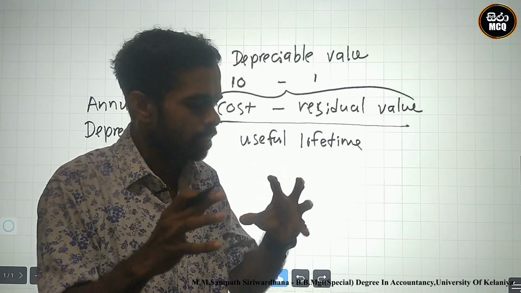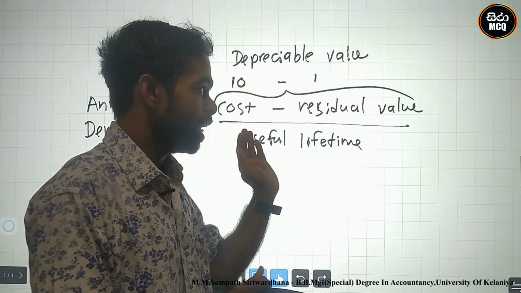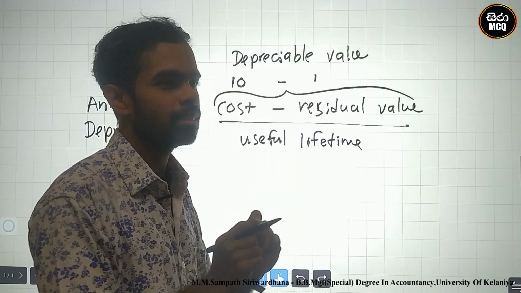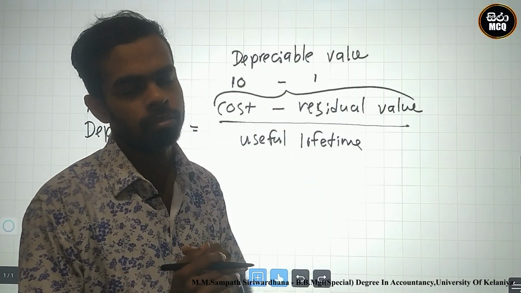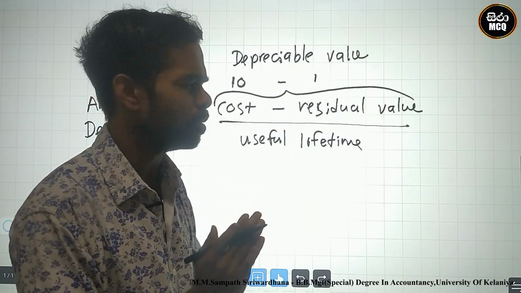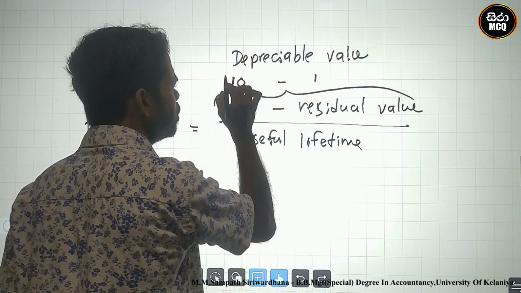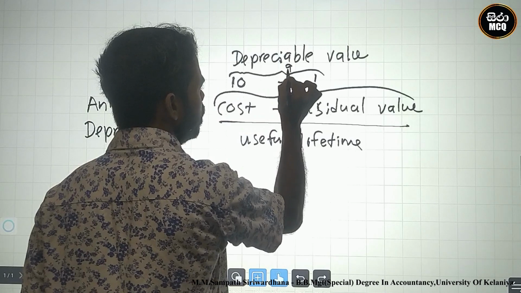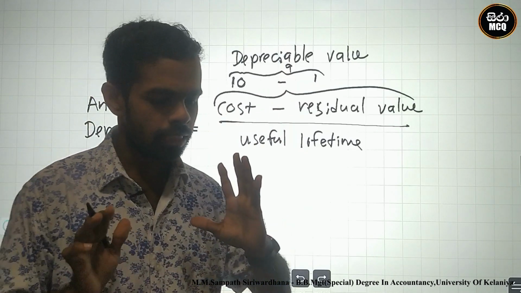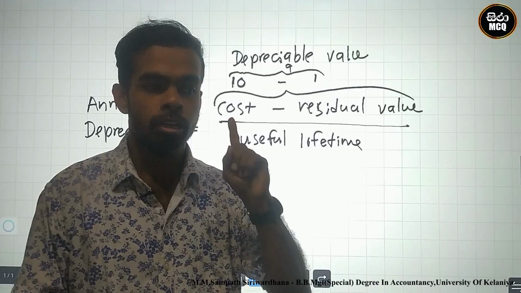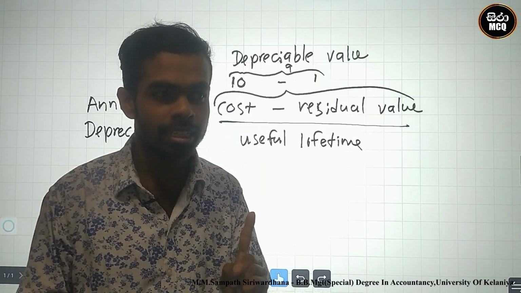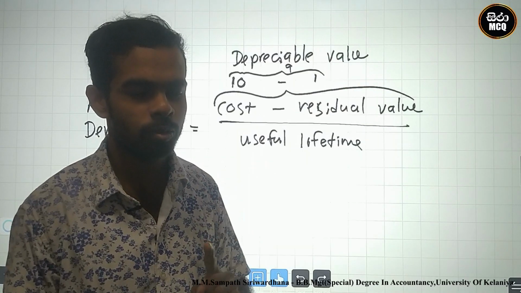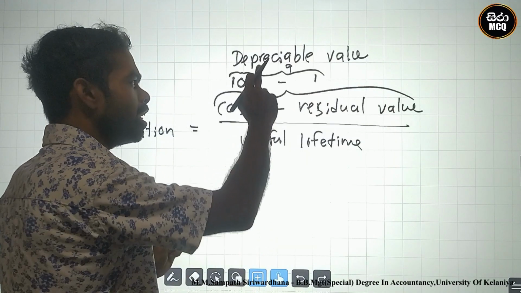The cost is 10 million, and we can sell it for 1 million at the end of the useful lifetime. The net effect is 9 million, because the 10 million cost is incurred now, but 1 million is recovered after the useful lifetime. Therefore the net cost is 9 million.